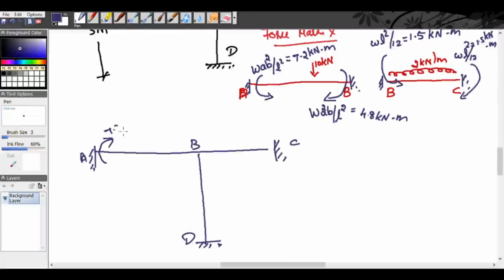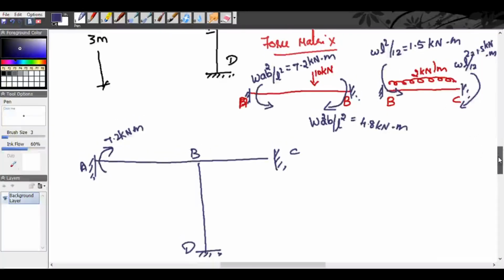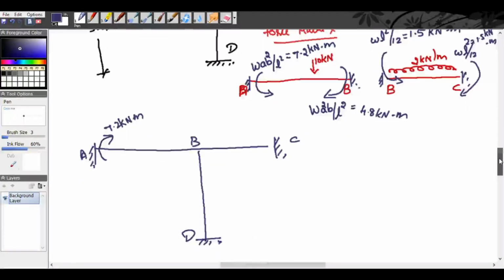So it is 7.2 kilonewton meter at A. And at B, here we have a clockwise and here an anti-clockwise moment. When we subtract, 4.8 minus 1.5, we get 3.3 kilonewton meter in the clockwise direction. So here it will be anti-clockwise, 3.3 kilonewton meter. And here it is anti-clockwise 1.5 kilonewton meter.